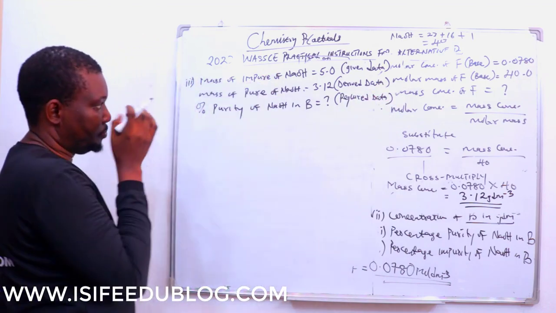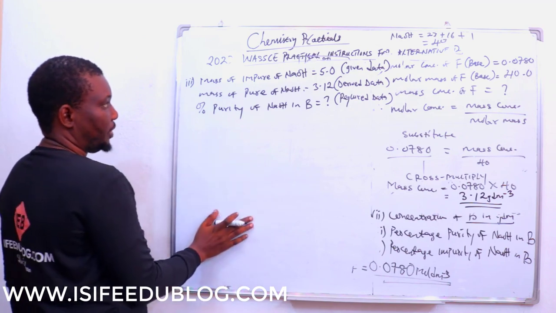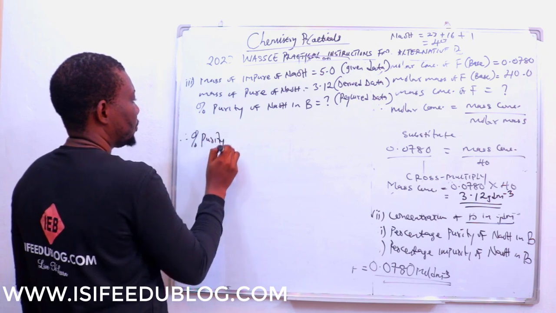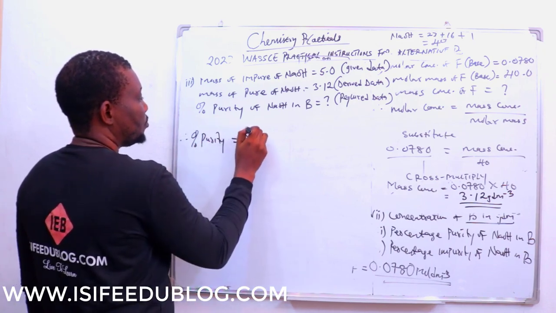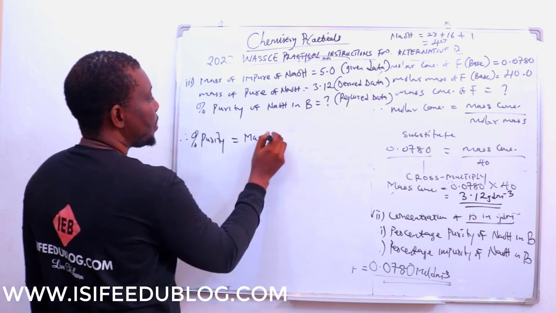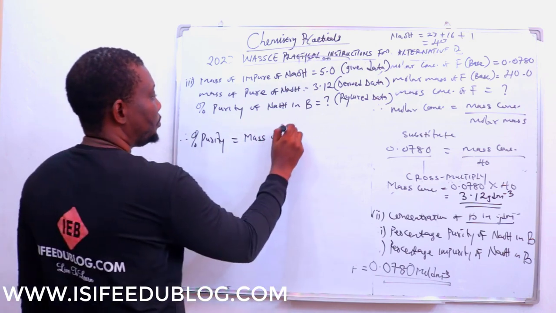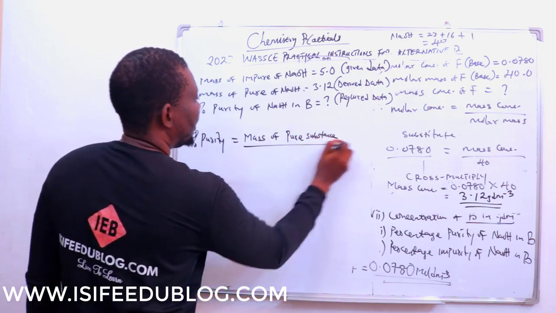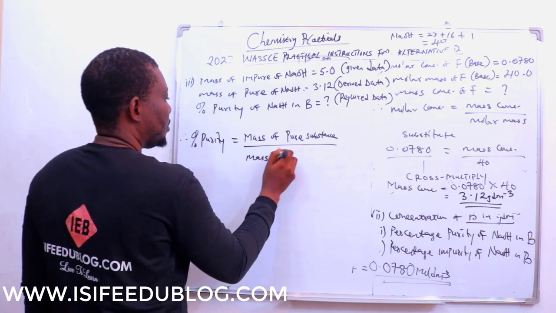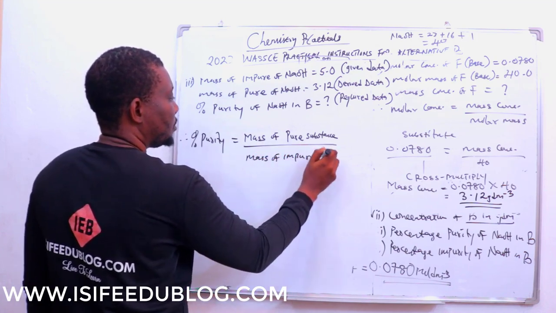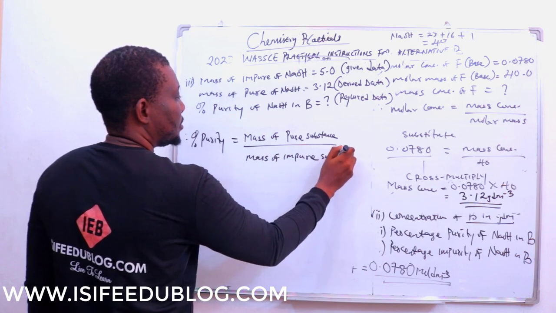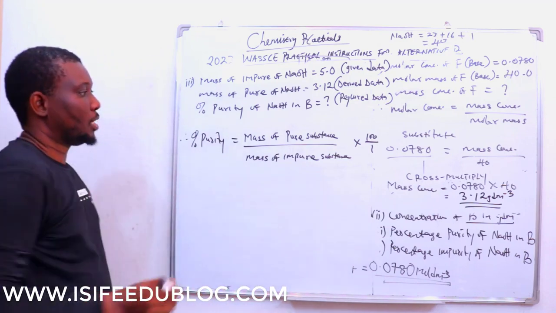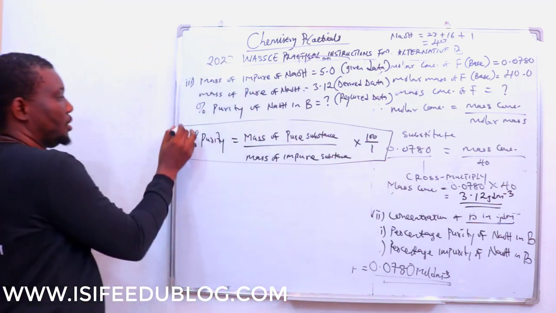Okay, so this is the BOEC. What we do is state the formula to find the percentage purity. Therefore, percentage purity is equal to mass of pure substance over mass of impure substance times 100 over 1. That's the formula. Just pause the video and get the formula clear.